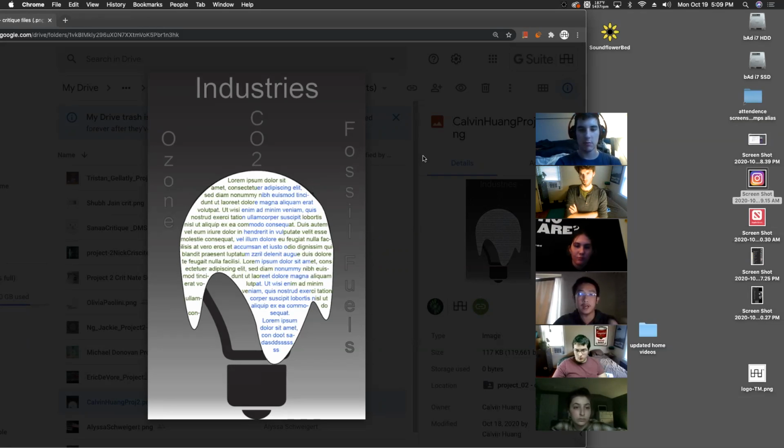So I have it melting onto the light bulb, and the text is filled in for now. I'm going to replace it with statistics from news articles, like the forest fires, the exponential growth in pollution and all that stuff. So the globe's melting over a light bulb. Mm-hmm. And the light bulb's supposed to be renewable energy.